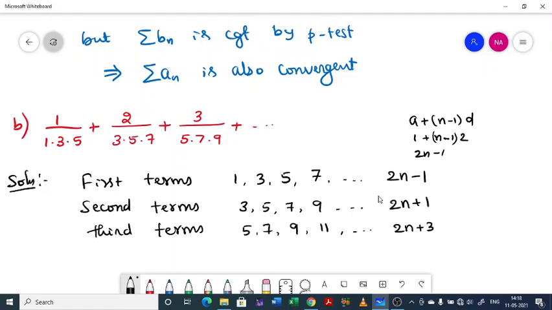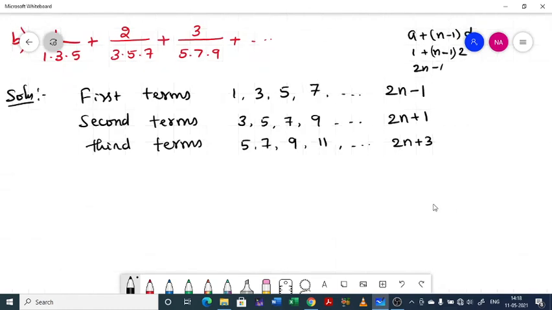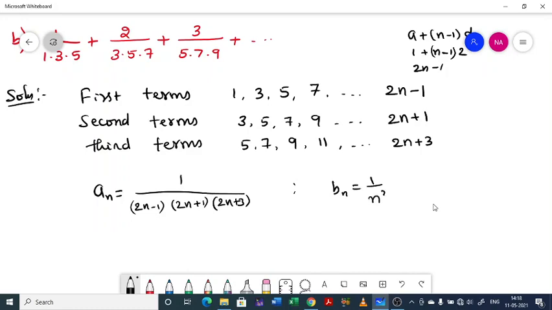So from this you can write the general term an, which is equal to 1 divided by 2n minus 1 into 2n plus 1 into 2n plus 3, and bn you can choose again 1 by n cube.